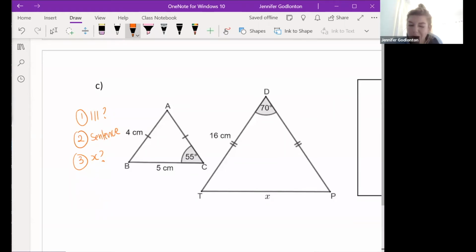Are you sure about that answer? Think very carefully. Think about what these dudes mean. Think about what type of triangle it is. And if it's that type of triangle, what does that mean? Think, think, think.